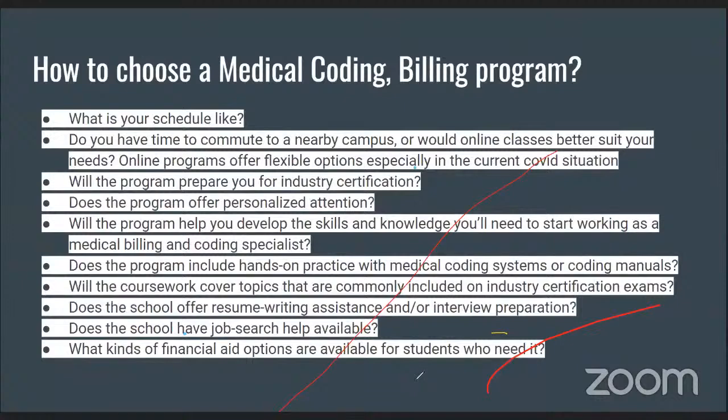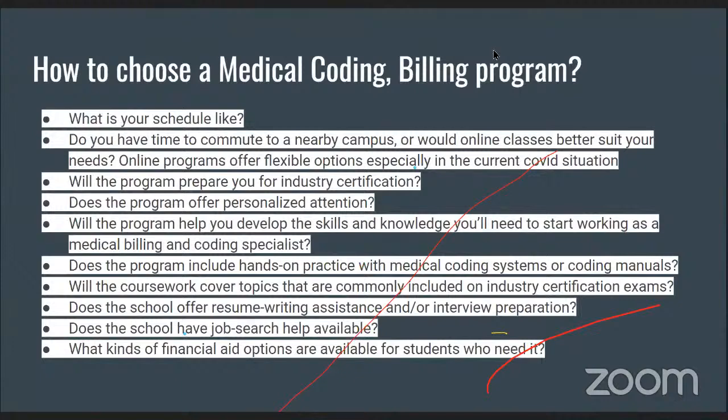Then some more things that you need to understand. Yes, of course, these are the things that one needs to learn in that course. But then you also have to take a few more things into consideration, like what is your schedule like? Do you have time to commute to a campus, or would online classes better suit you?